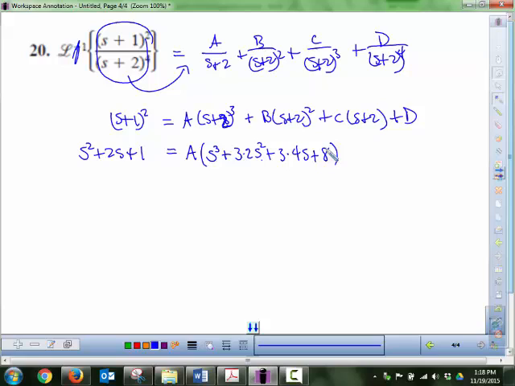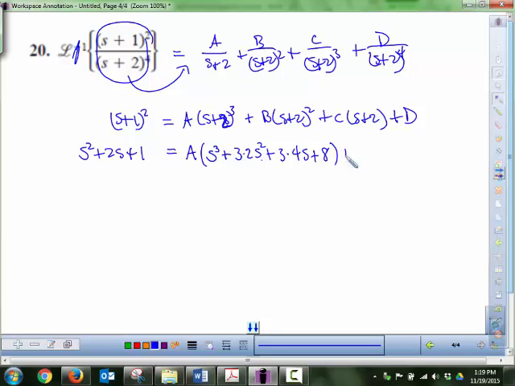So if you don't know that formula off the top of your head, you could just multiply this 3 times. You multiply s plus 2 times s plus 2, and then you'll have 3 terms, quadratic, and then multiply that with s plus 2, and then you'll eventually get this.